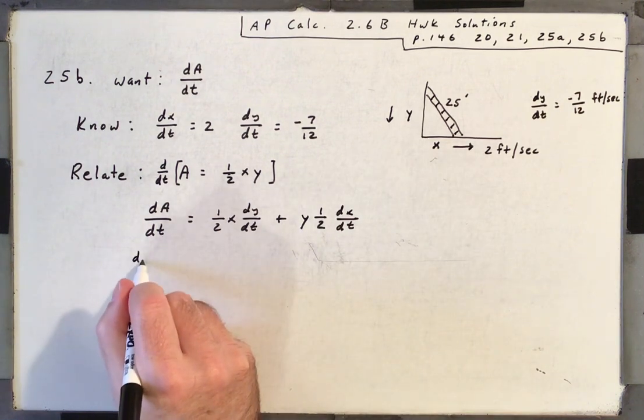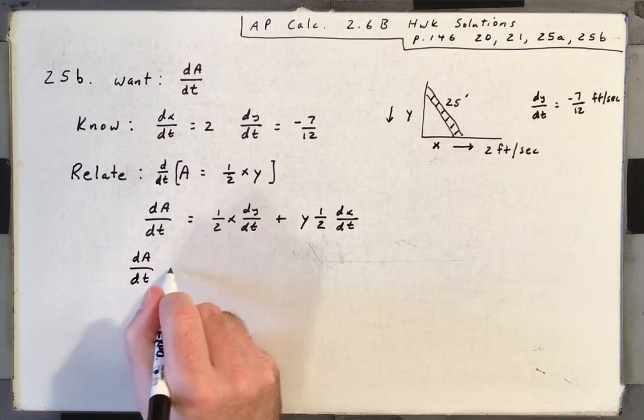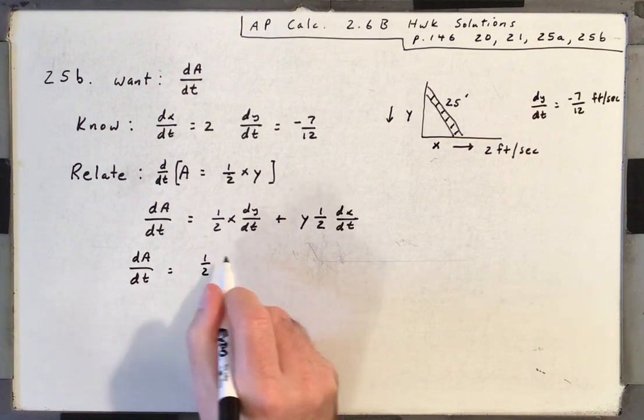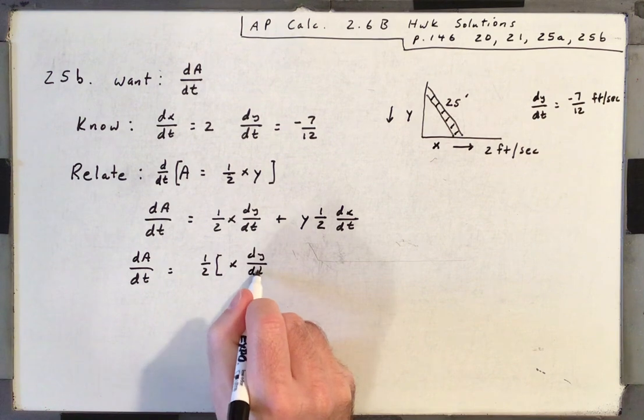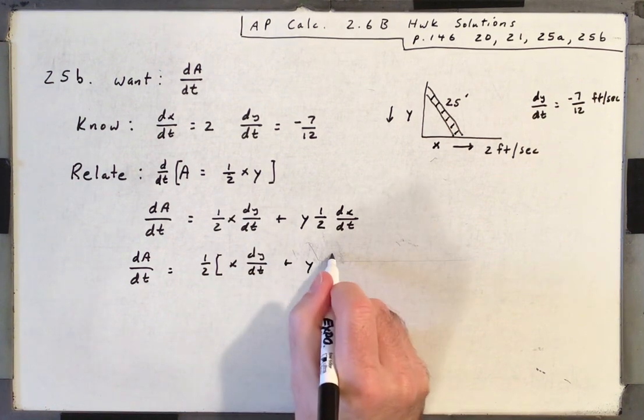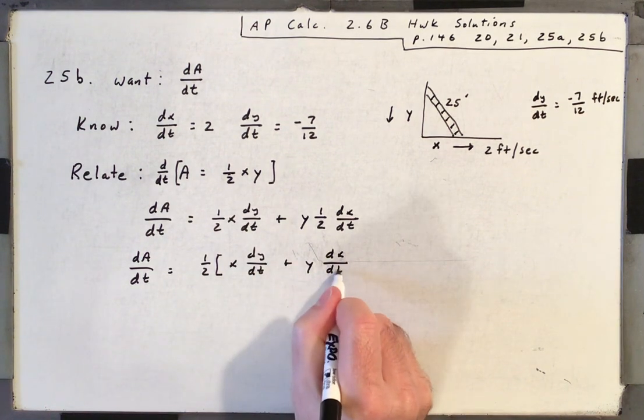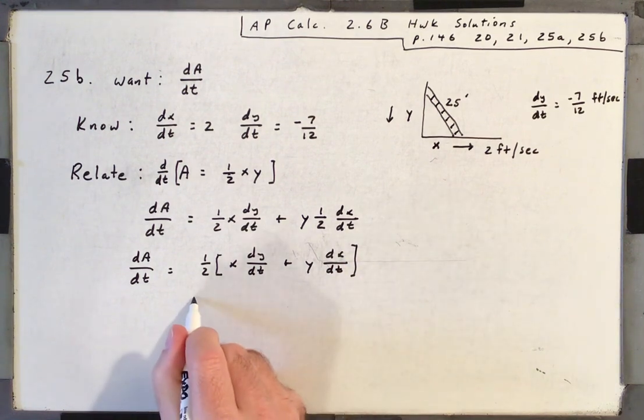Let's clean that up a little. dA/dt, maybe factor out a 1/2, and you would have x times dy/dt plus y times dx/dt.